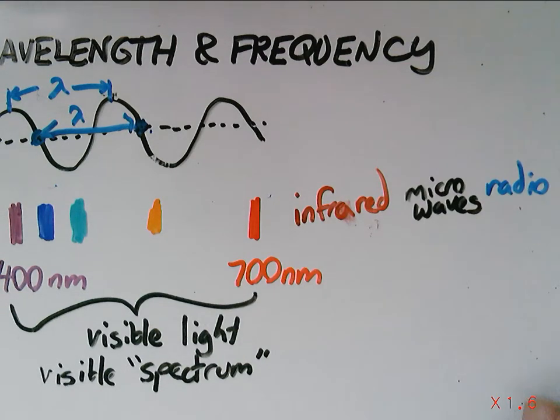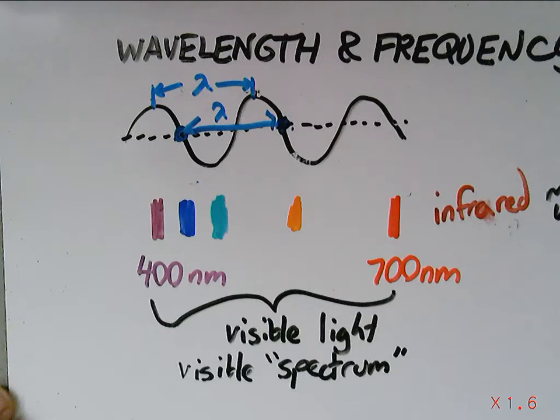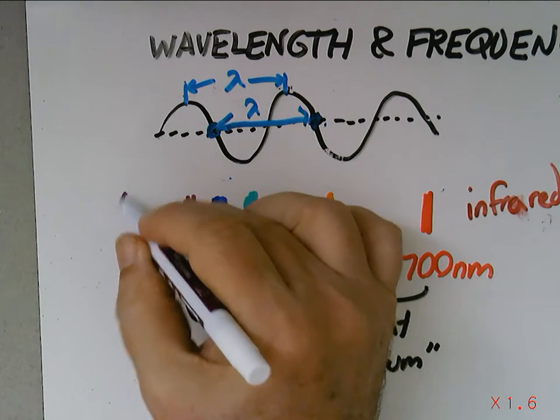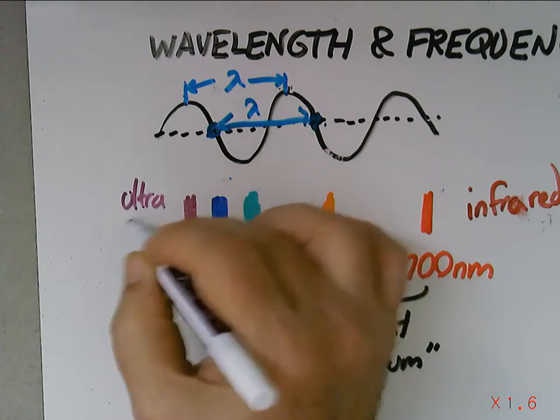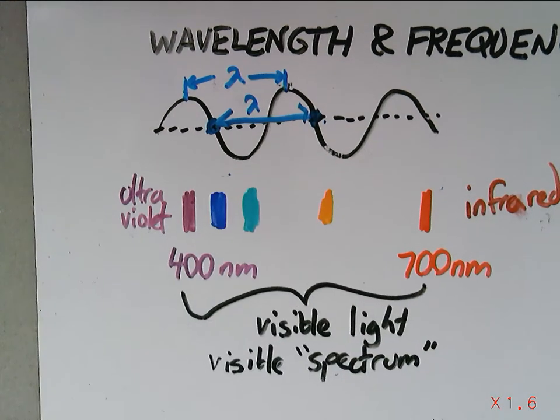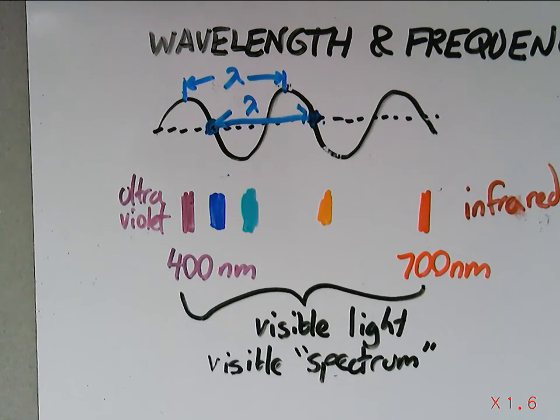Now, down on the other end of the spectrum, off the visible end, when you go past violet, you can probably guess what that's called. That's the ultraviolet. And you can't see down there, but your cat can, and insects can see down there.